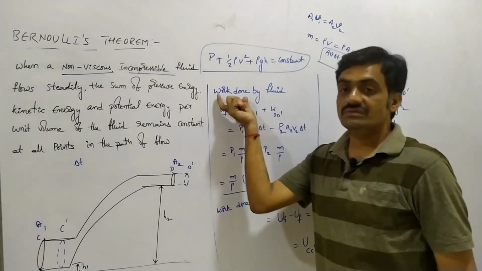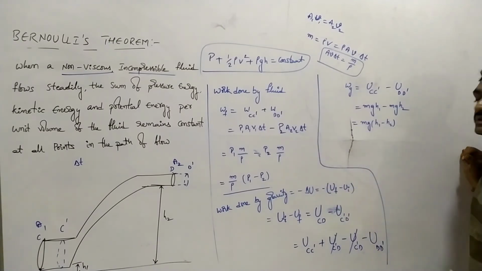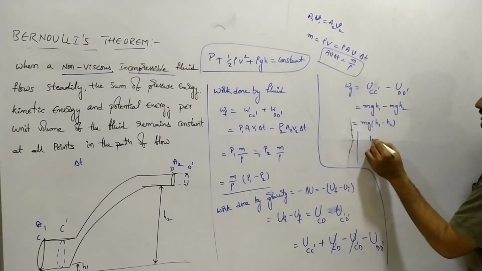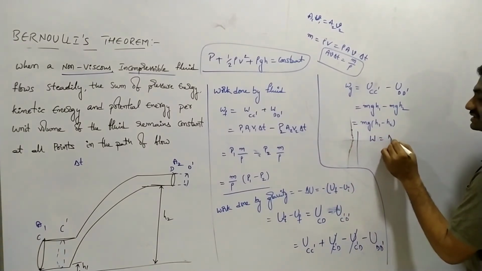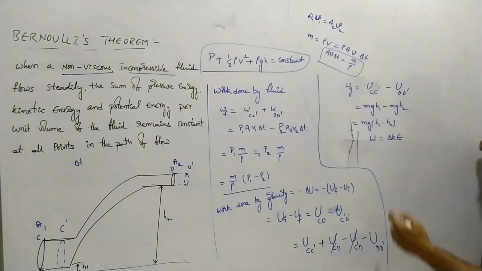Now we have represented work done by fluid as well as work done by gravity. Now we have to apply the work energy theorem. We know that the work done by all forces is equal to the change in the kinetic energy.